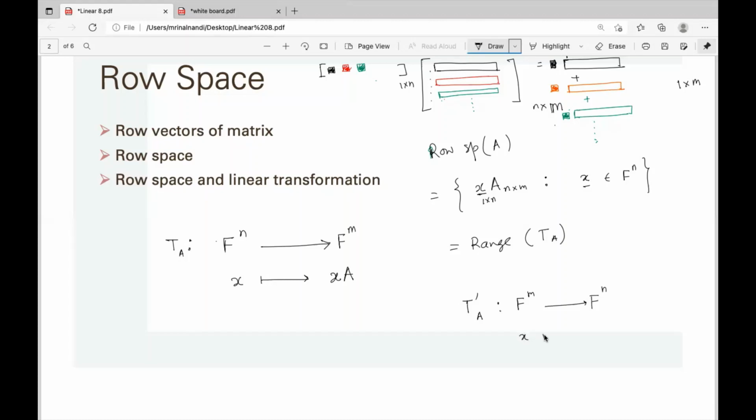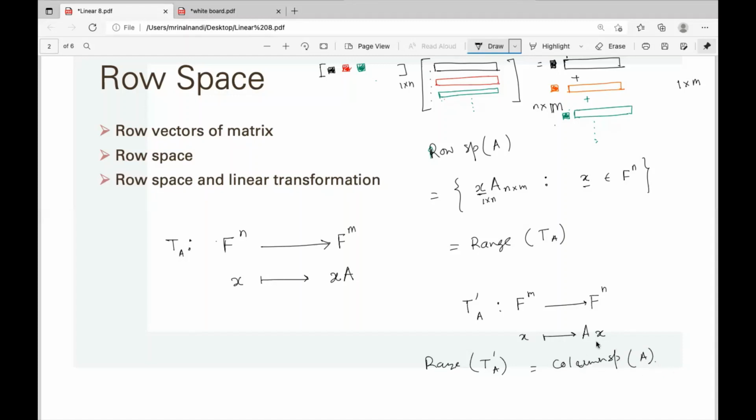Take any x from Fn, you get Ax. Now the range of this P prime will give the collection of all such Ax, that means the column space. This is called the column space of A.